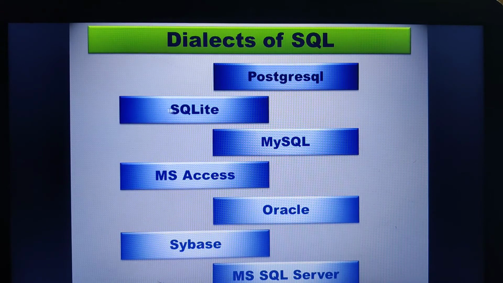Now, why exactly is SQL made a standard language? Because we had different types of relational databases, PostgreSQL, SQLite, MS SQL. All these are different relational databases. They started developing their own database languages, and it was difficult for programmers to study each and every different kind of database language.